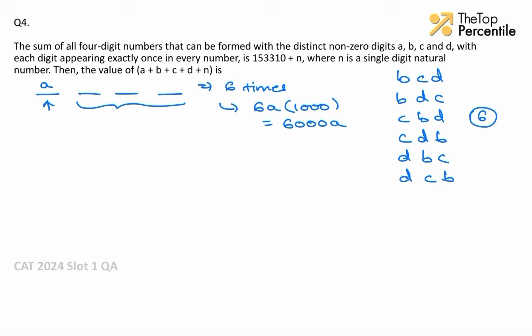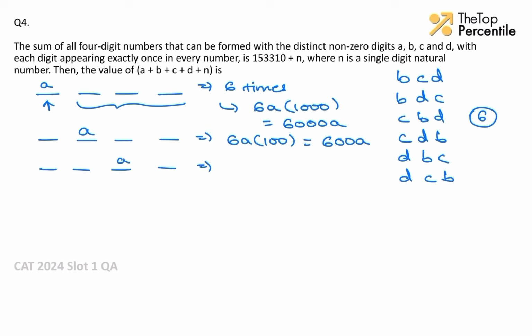So similarly, let's put A in hundreds place, and here as well it will be there six times, and in hundreds place, so it will be 6A into 100, so it will give me 600A. Let's put A in tens place.